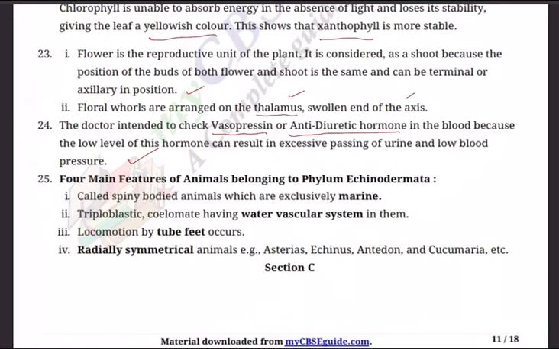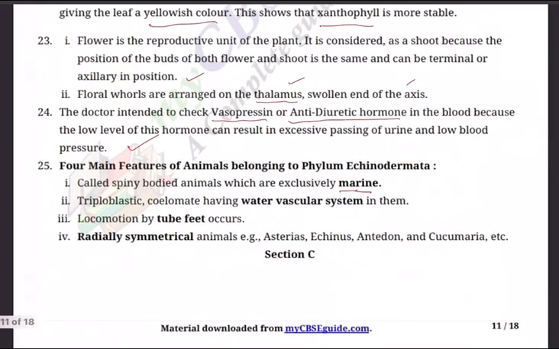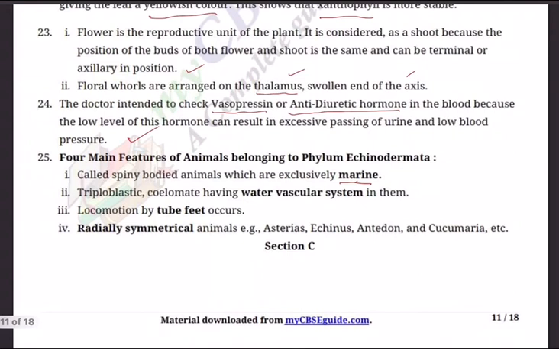Question 25. Mention any 4 features present in animals belonging to phylum Echinodermata, starfish family. 4 main features of animals belonging to phylum Echinodermata. 1. They are called spiny bodied animals which are exclusively marine, all sea animals.